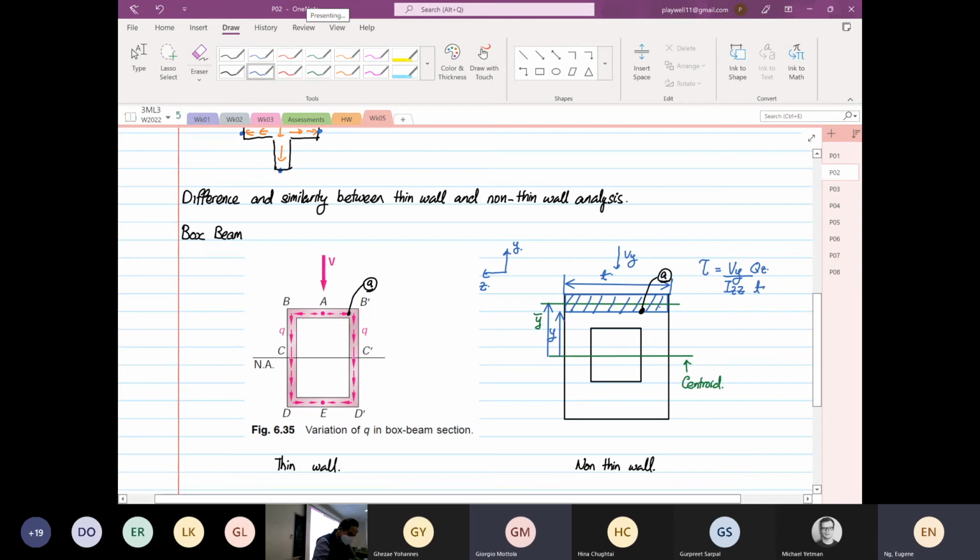The thickness is basically the width. So that is the non-thin wall analysis. Now, let's look at thin wall analysis. For thin wall analysis, if point A is your point of interest, the area that you have to take now looks like this.